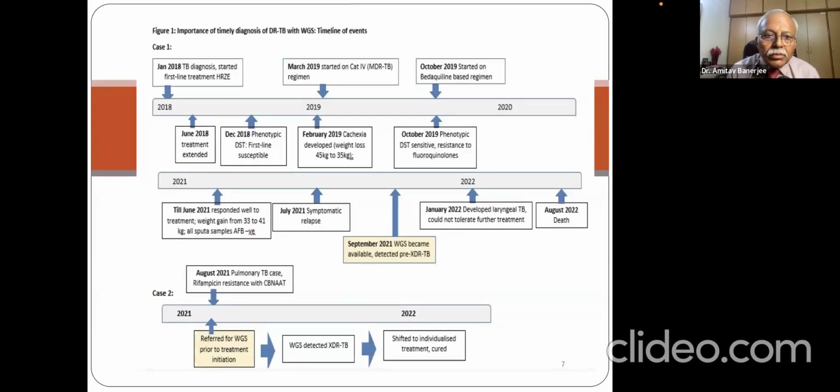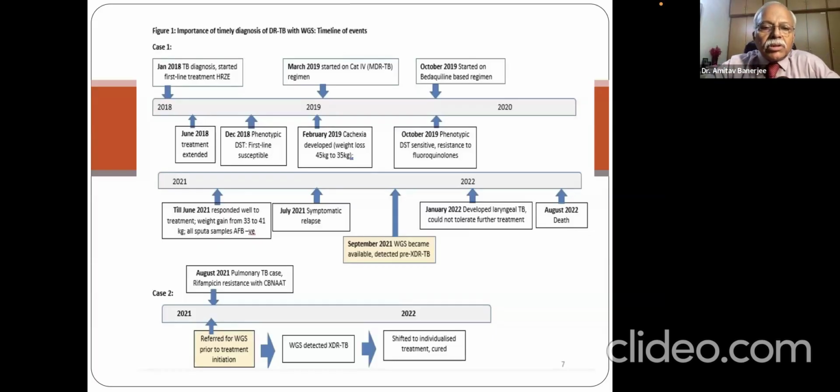So this is case one, where the person comes and it is found not detected, and by the time... I am not able to use the pointer. Anyway, I hope you can make out the TB diagnosis in 2018.